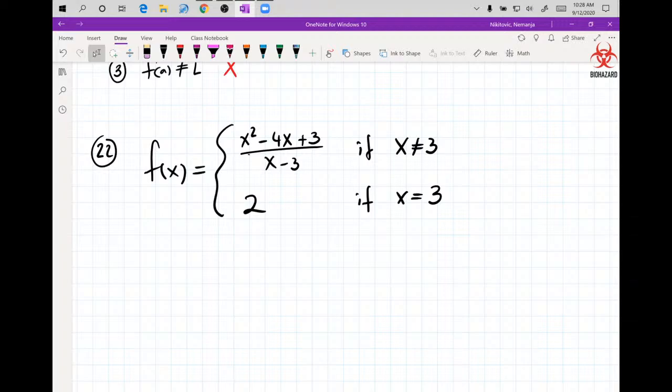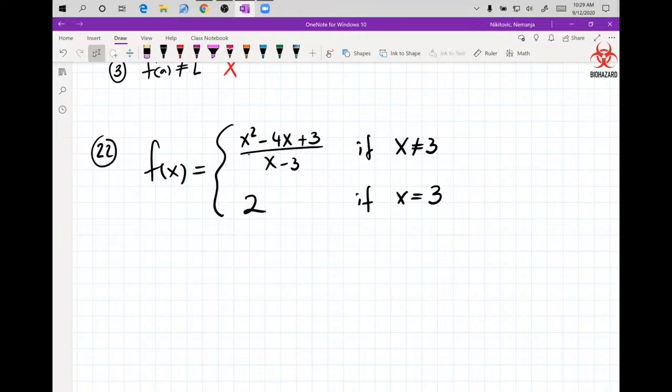So they are looking for continuity, and obviously they will be looking for continuity at 3 because nothing else is interesting, right? You can see that 3 minus 3 in the denominator would make a 0, so obviously that would be the interesting thing.